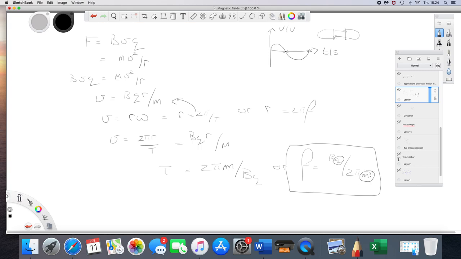And so if the mass increases, then the frequency clearly has to change so that the acceleration occurs at the right times, at the right points in the oscillation. So it is no longer a cyclotron, but a synchrotron. Sorry, or a cyclosynchrotron.